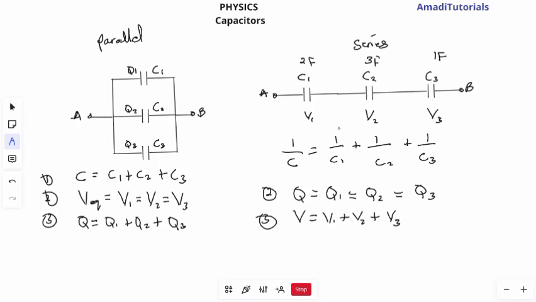So they don't share the same voltage like that of parallel connection. So the equivalent voltage will be the summation of individual voltages. So those are the basic points and formulas that you need to know to do calculations pertaining to capacitors for this level.